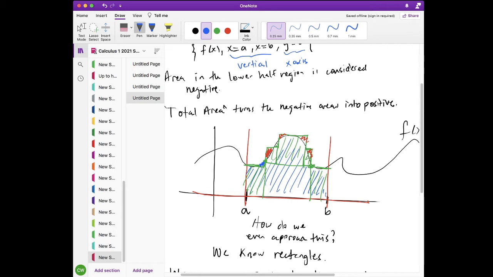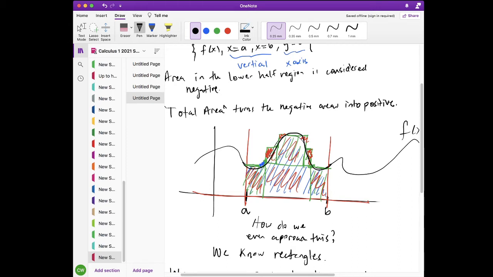Does everyone understand how rectangles can be used to approximate? Essentially, you are fitting the curve into close enough rectangles. We know how to find the area of this, this, this, and this. Those are easy to do, but the curve itself is hard.